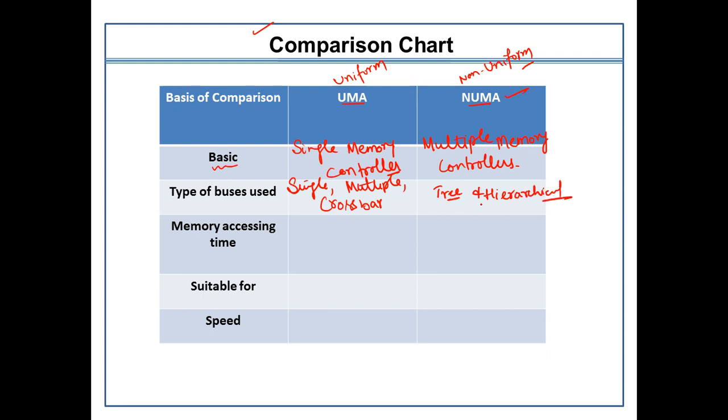We have not covered the tree approach yet, but it is another approach of interconnection systems, for making the physical connections among the physical memory as well as the processors. Similarly, the next point is memory access time. We know that equal access time is provided in the case of uniform, right? Here it is unequal, or you could say it can change according to the situation and according to the distance of the multiprocessor.